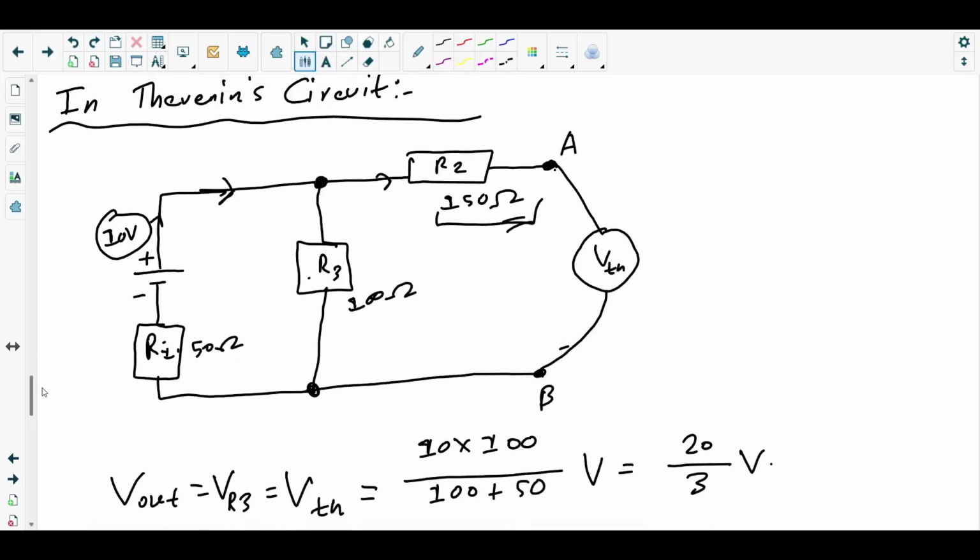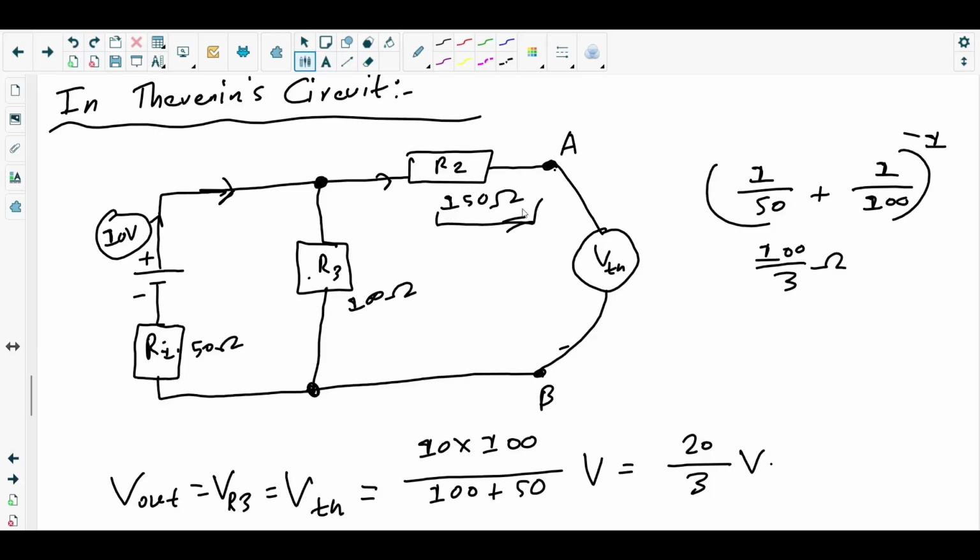I'm just finding the total resistance for this circuit without the load resistor. After the load resistor has been taken out, the circuit is incomplete. That's why R1 and R3 are in parallel now. So their total resistance is 1 over 50 plus 1 over 100, whole inverse, right? This is 100 over 3 ohms.